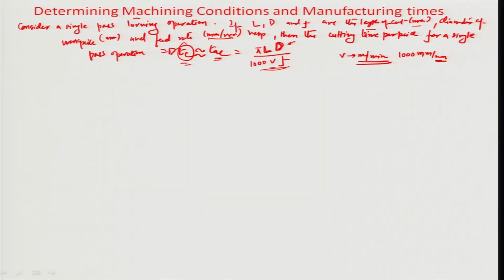So, the TC here actually is represented as more or less the TAC. So, the cutting time and the actual cutting time are similar to each other, and they are given by this equation pi L d by 1000 Vf. L and d are both in millimeters, velocity being in meters per minute has to be converted into 1000 millimeters per minute, and F again is the feed rate in millimeters per revolution. Okay.